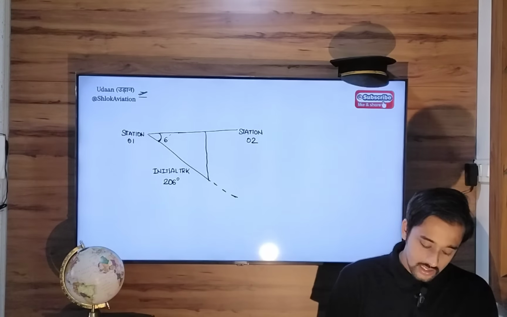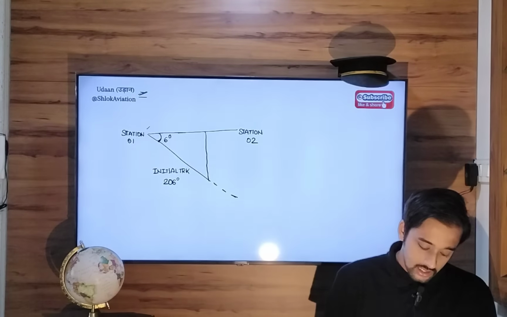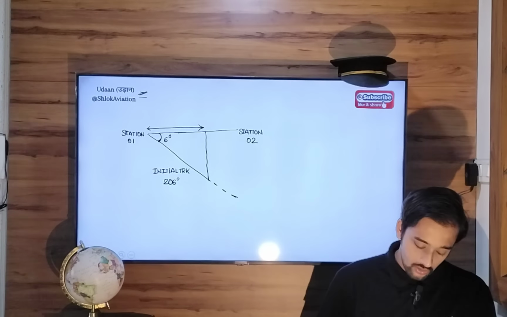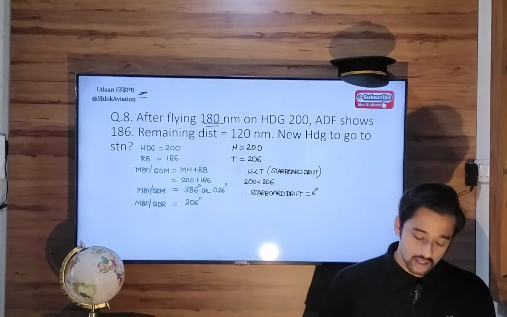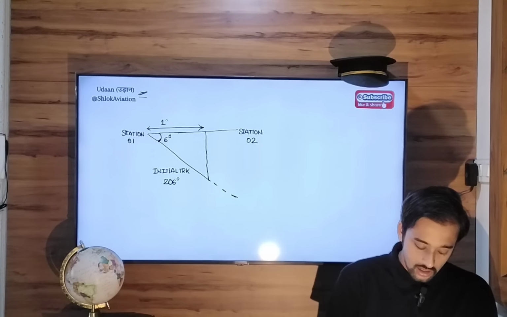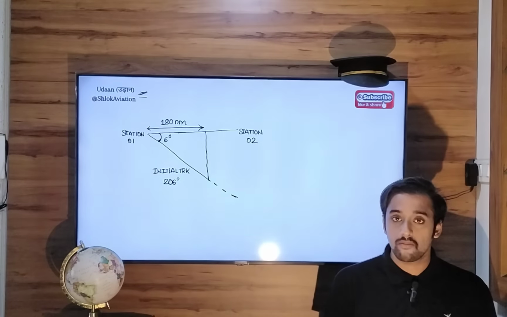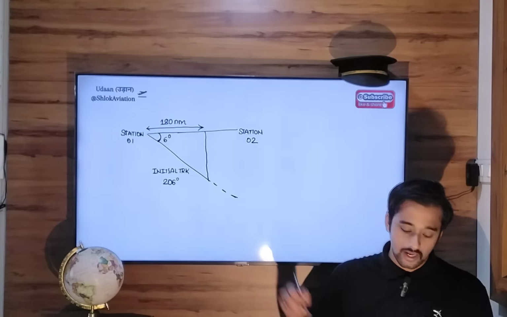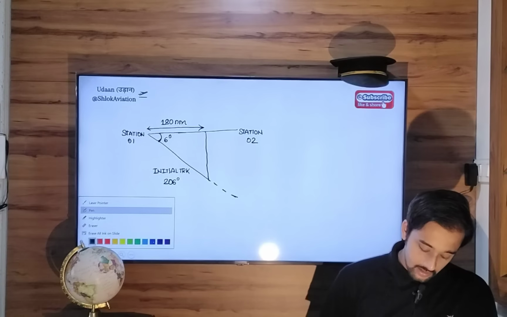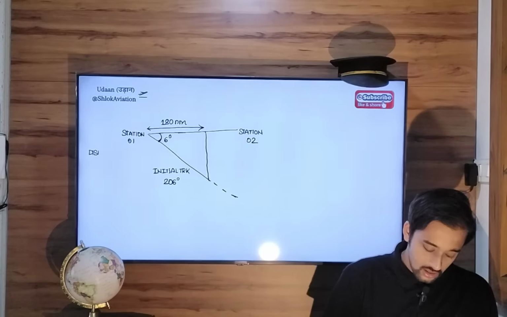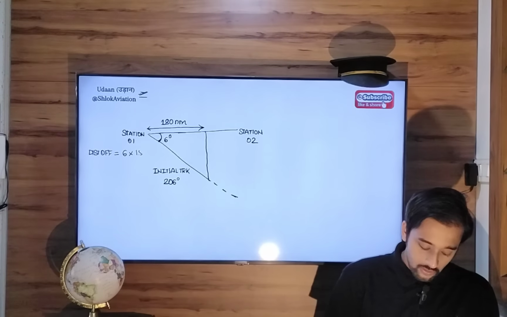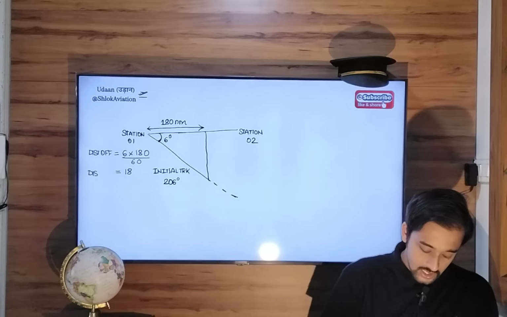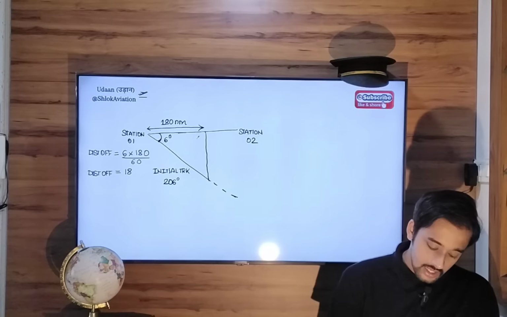Track error is 6 degrees to the right hand side. The distance traveled so far is equal to 180 nautical miles. Now let's calculate distance off track. So distance off track will be 6 into 180 divided by 60, which is 18 nautical miles. Distance off track is 18 nautical miles.